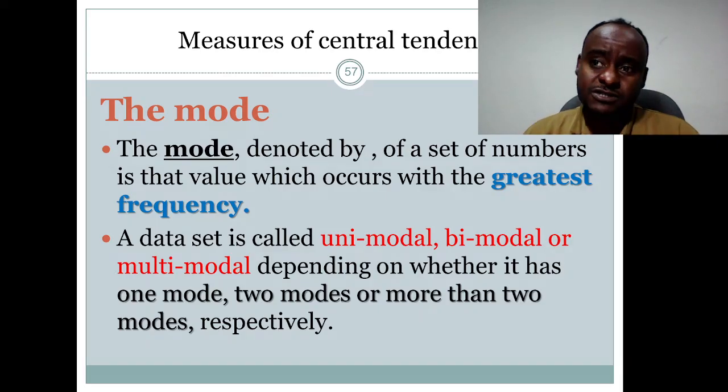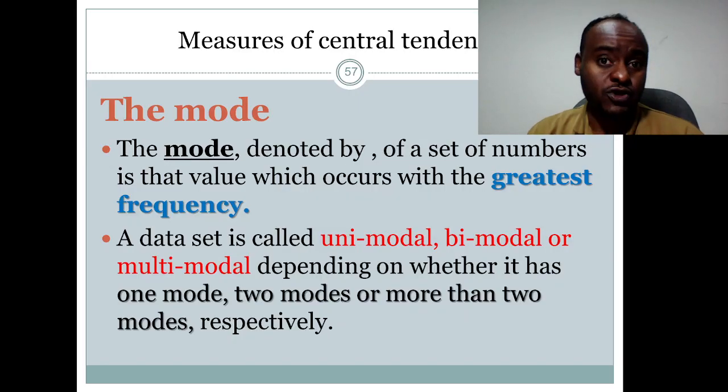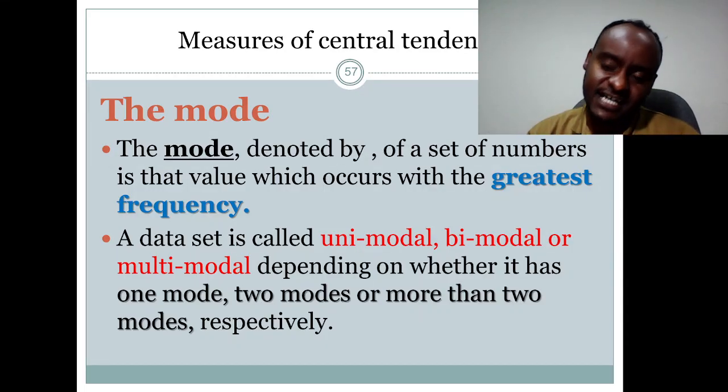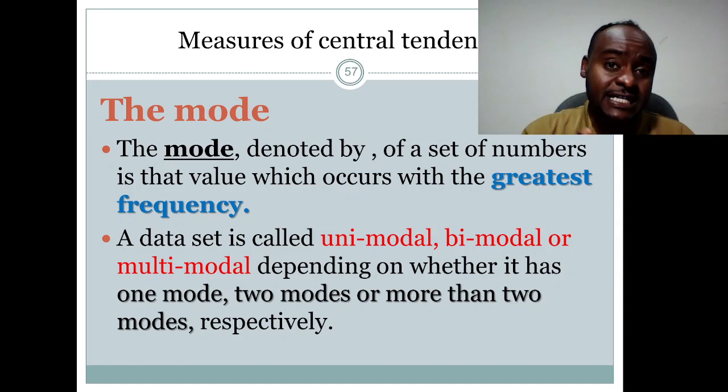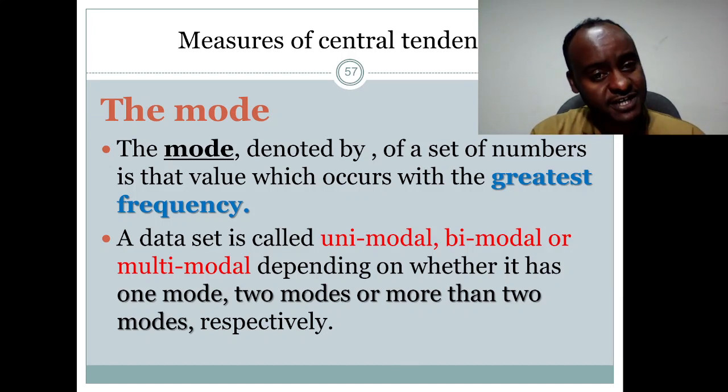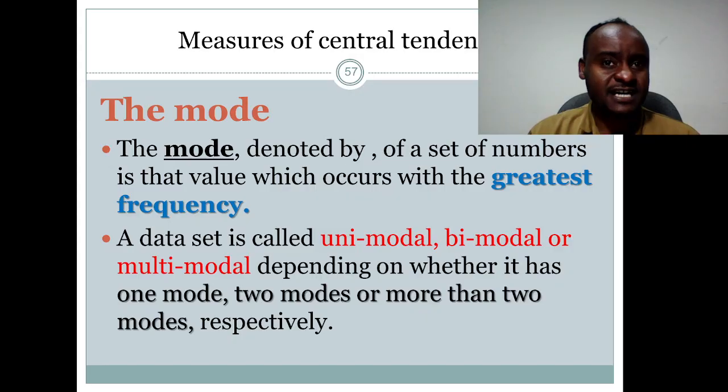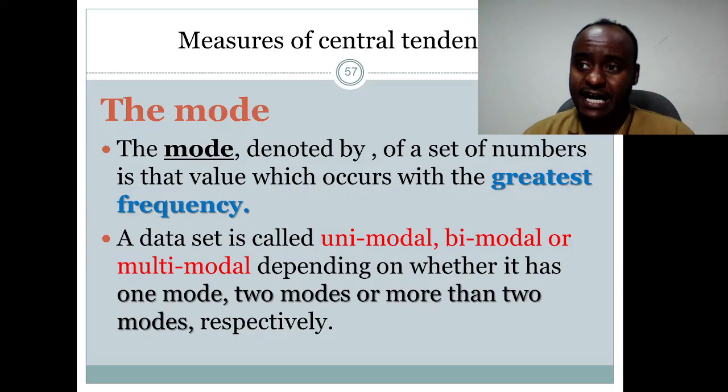You cannot even use the median for categorical variables, specifically for nominal variables. You can use it for ordinal variables. If it is an ordinal variable, you can order it, therefore you can get the middle value. But if it is nominal, there is no way to order it, like male and female, hair color, black, white, or type of fruits.